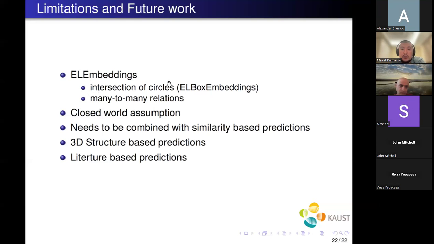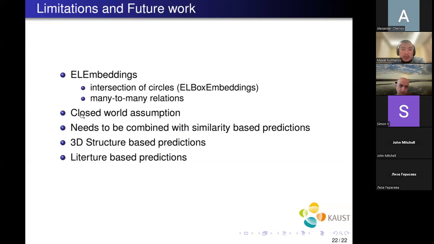And for example, with this intersection axiom, the intersection of two circles is not a circle, and there are some inconsistencies happening there. But in another method we use, instead of circles, we use boxes to learn the embedding of the ontology, EL Box embeddings. That overcomes these limitations. We might also use this in future versions.